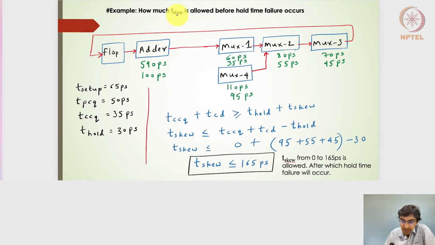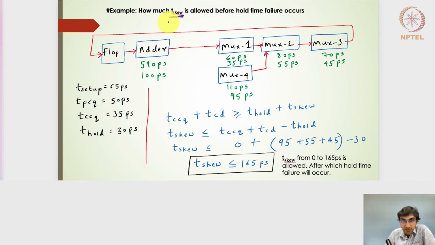Right, so in the same example, the same design where we have path 1 and path 2, how much T skew is allowed before the hold time failure occurs? So let's say that the clock characteristics are not given to us, and we are supposed to design it and say what the clock skew should be, and let's say that the clocks are available in the standard cell libraries.